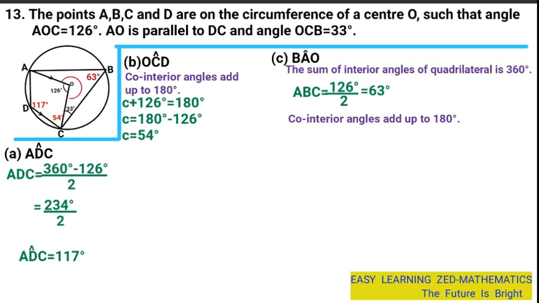So 117 degrees plus angle A is equal to 180 degrees.